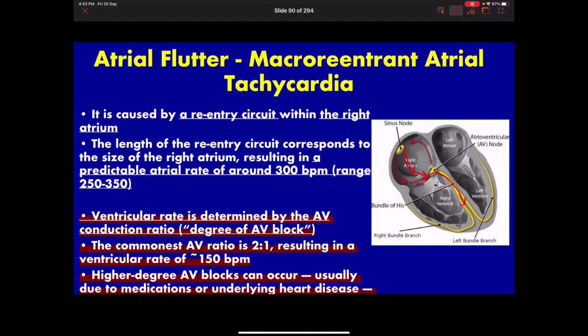What happens here is the impulse, instead of going down, circles back around and reinstigates the SA node again, then it sends another impulse, then it goes back in a circle. So it's a re-entry. Instead of the impulse traveling down, the impulse moves in a circle inside the atria and keeps instigating and reinstigating, you know? So the atria itself is kind of fluttering.